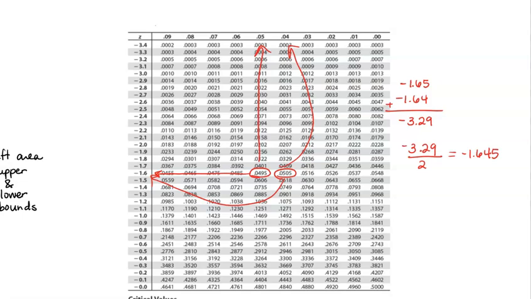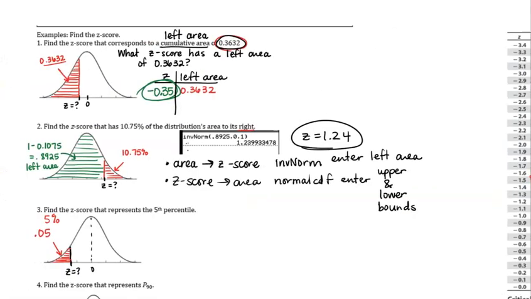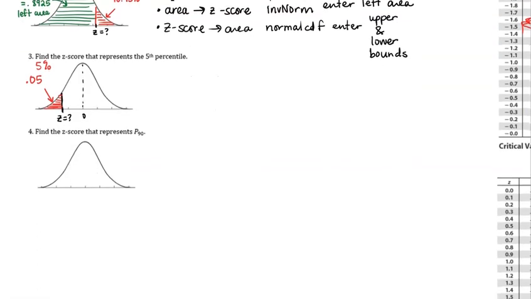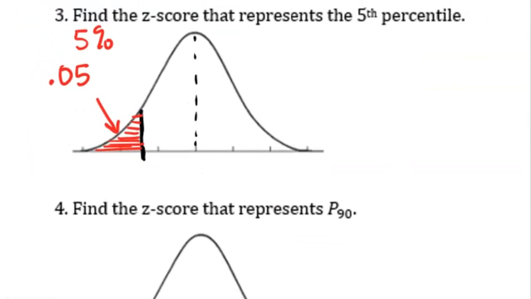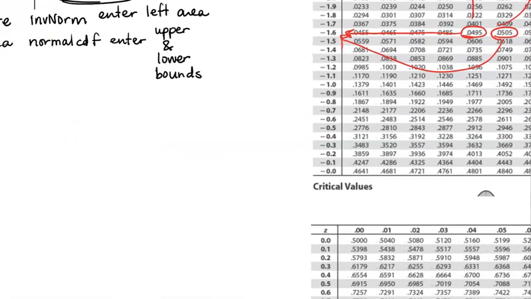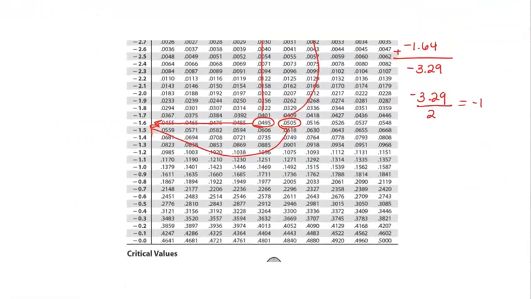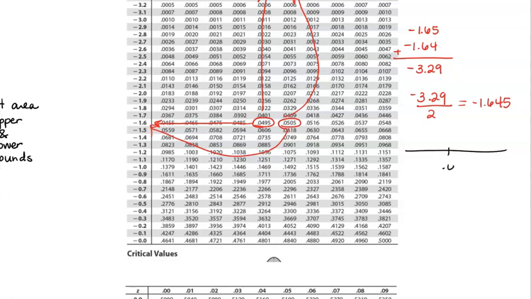We could not find 0.05 in the table exactly, and that will happen sometimes. If you're using the table exclusively, you will run into problems where you cannot find the probability that you're looking for exactly. We were looking for 0.05, that is smack dab in the middle of 0.0505 and 0.0495.